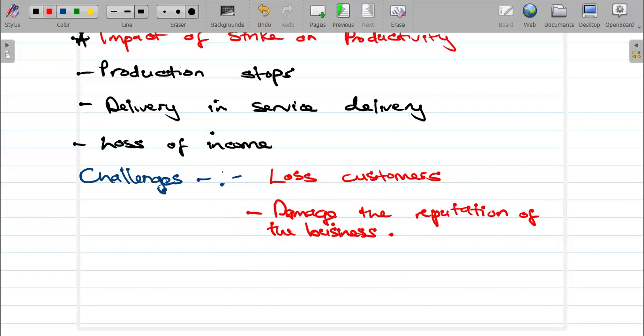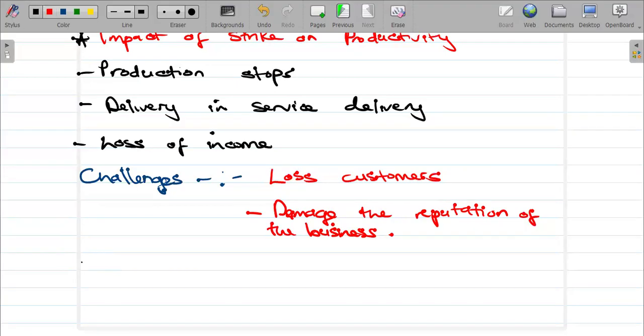Right. So an example might be a manufacturing plant shuts down during a wage strike. This is also an effect of a strike on businesses.